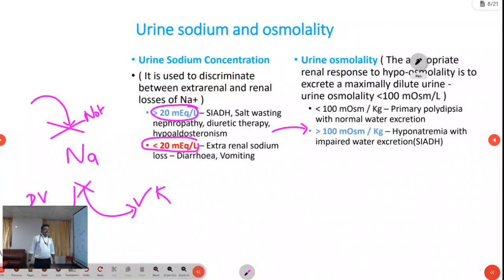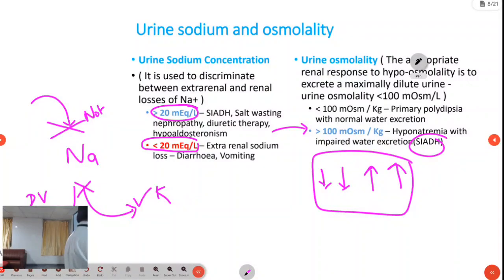So if the urine sodium is excess, more than 20, you get a high urine osmolality. So that is a classical feature of SIADH. So low sodium, low osmolarity, increased urinary loss, increased urine osmolarity. That is a typical feature of SIADH.